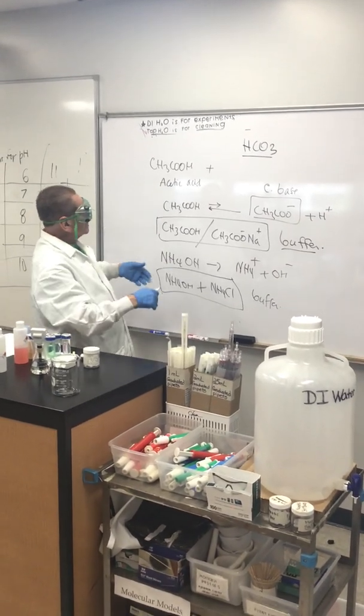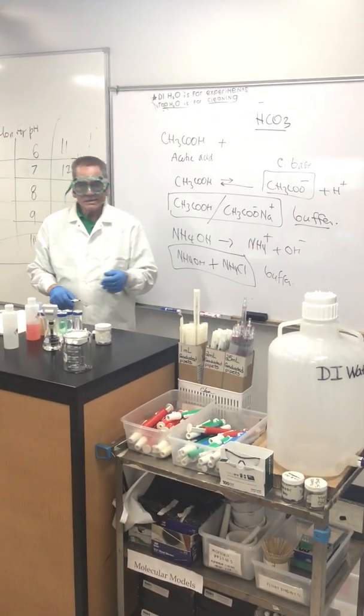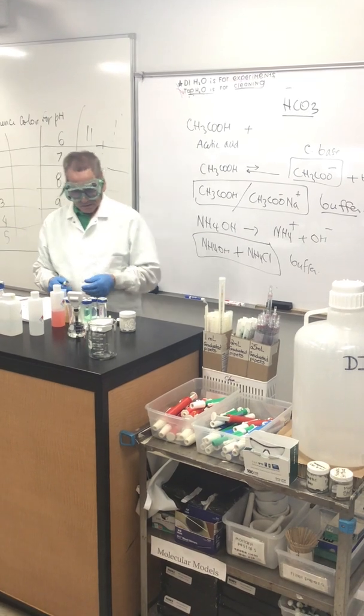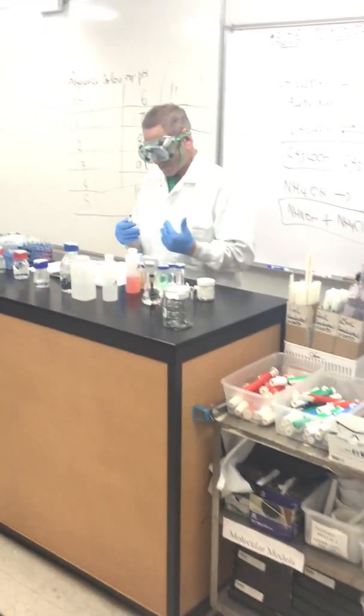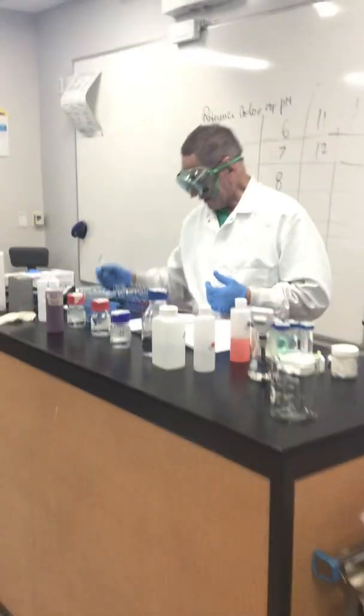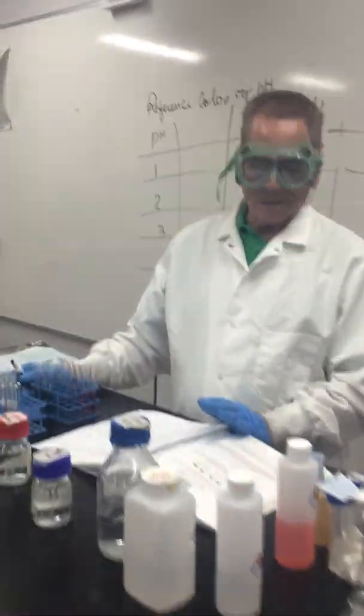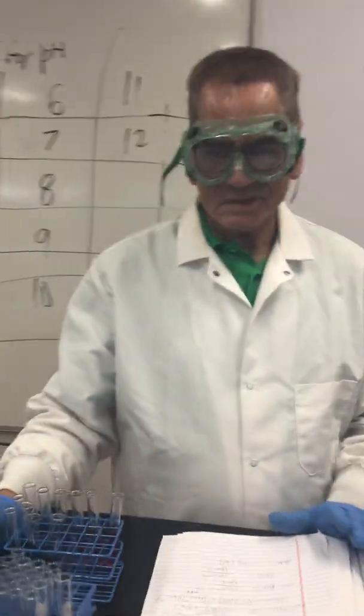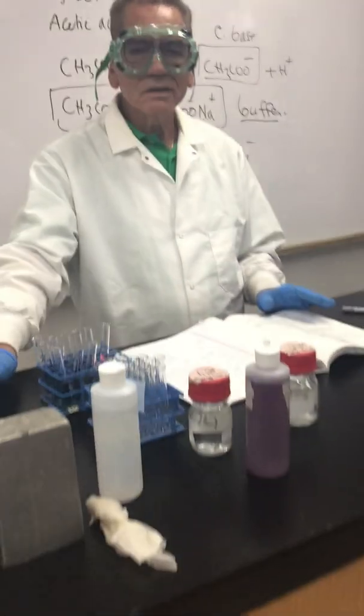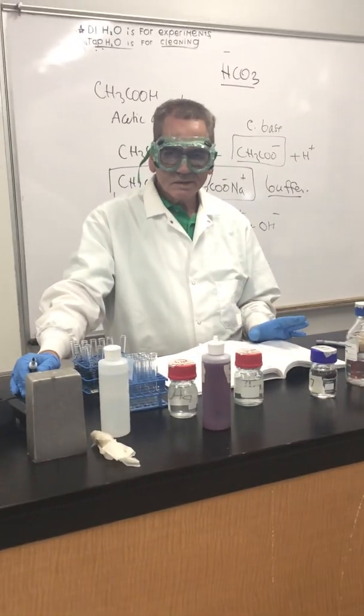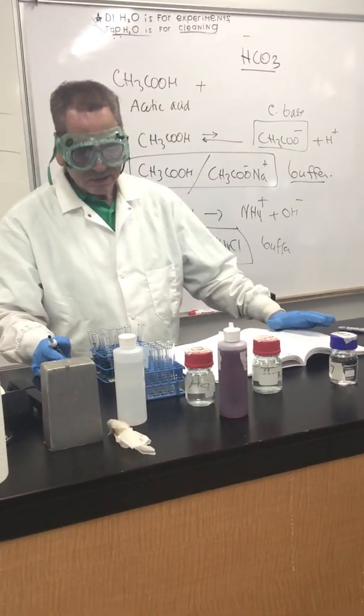So we're done with this theory, the base, the acid, the buffer, and so on. Now we have to go through the experimental part. In this experiment, we're going to measure pHs. All our experiment depends on the measurement of pH. So how do we measure the pH? There are three ways.